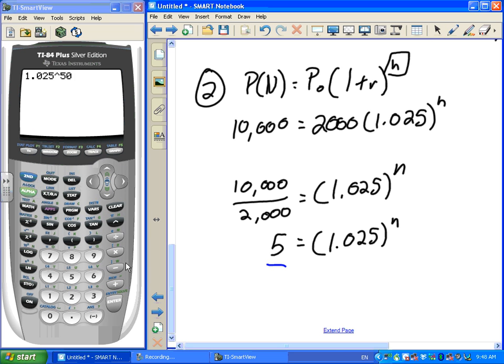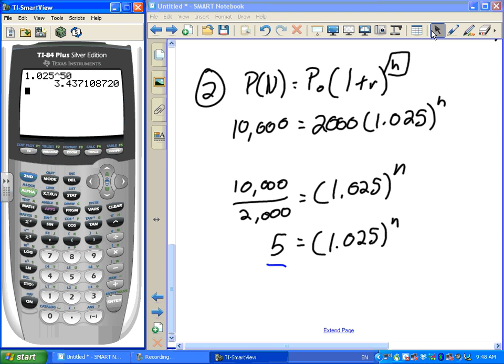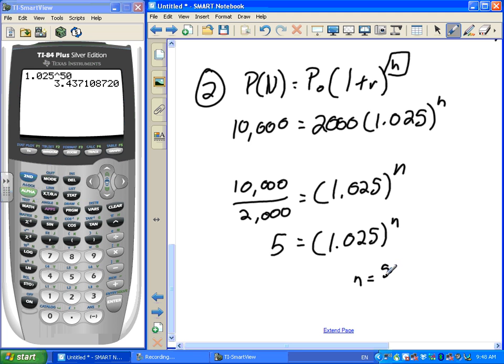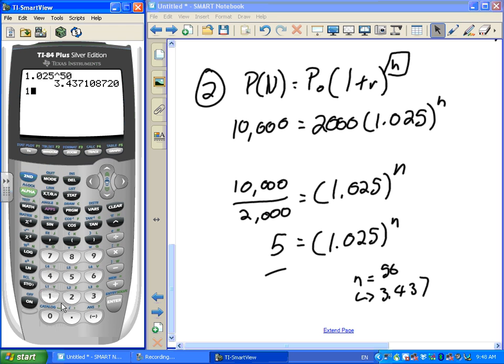So let's see, after 50 years, nope. Didn't make it. If N is 50, I only got 3.437. That's not even close to 5. Going to try a larger number, 1.025 to the 75.